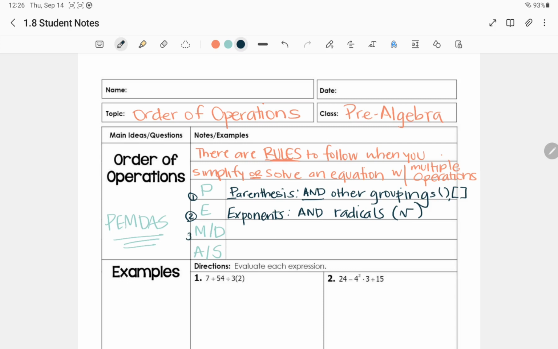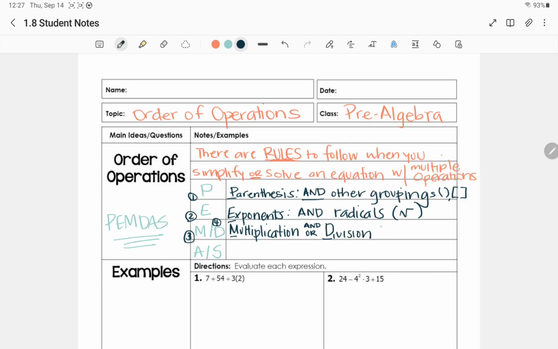All right, and then we have 3 and 4. We're going to say 3 and 4 are kind of the same, or at least there's no specific order as to whether you should do division before multiplication, or multiplication before division. M and D stand for multiplication and or division.